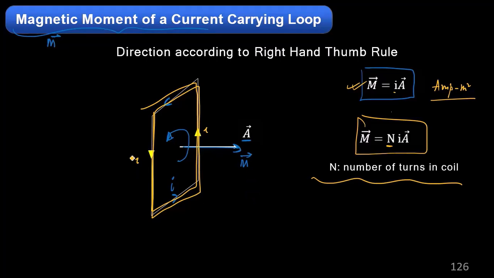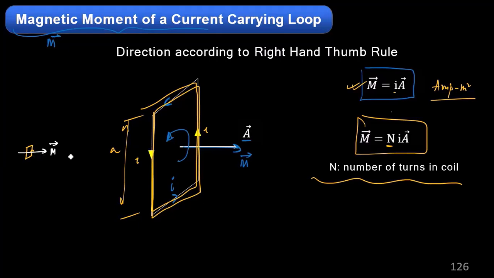Now if I say this loop geometry, if I say this is a very small loop, that means the dimension, let us say the side length a is much less, very small. So then in that situation, if I say the loop is very small, then this loop can be approximated as the dipole moment of M vector, a magnetic dipole.